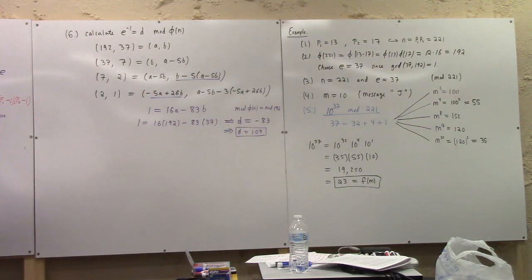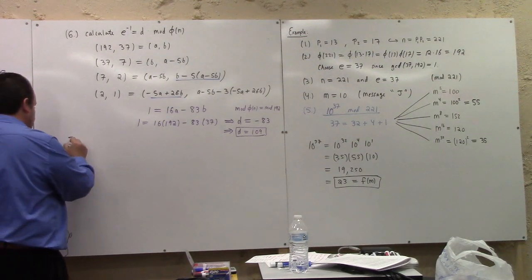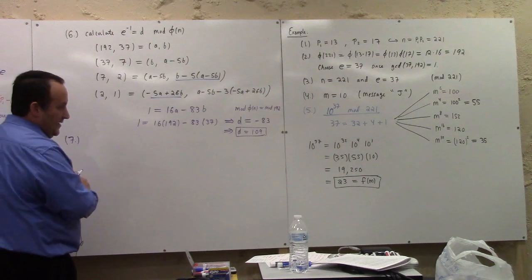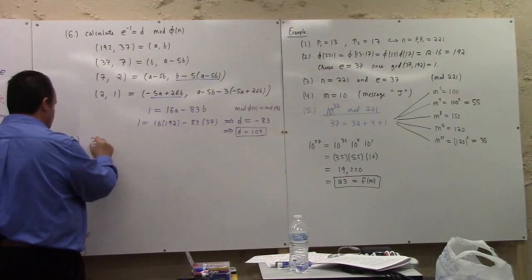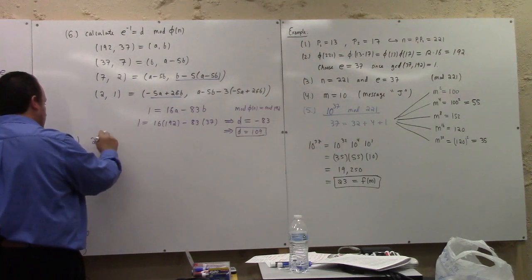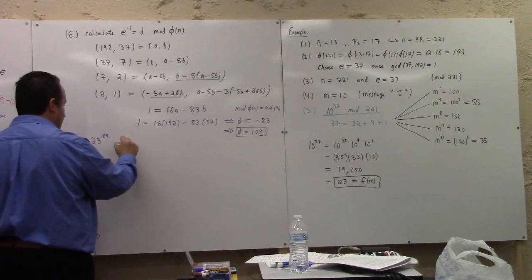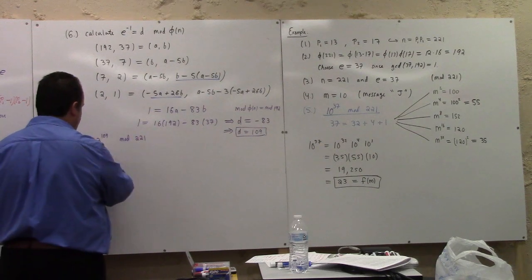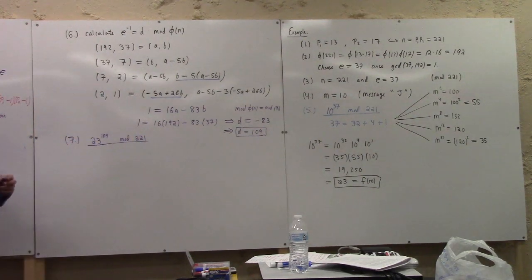All right, so let's decrypt. We're going to take our message, which was 23, and raise it to the 109 power mod 221.